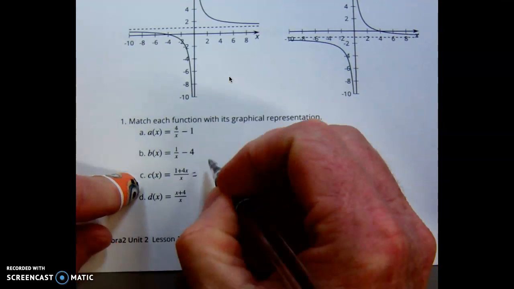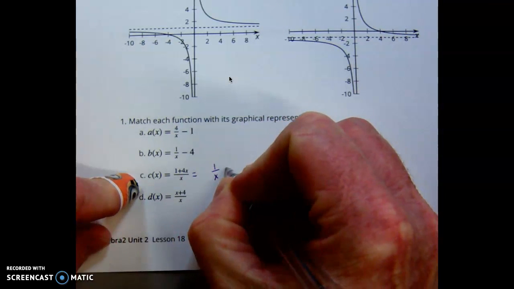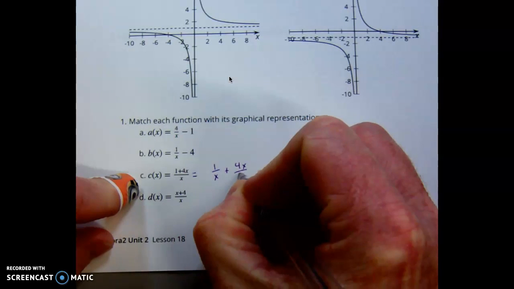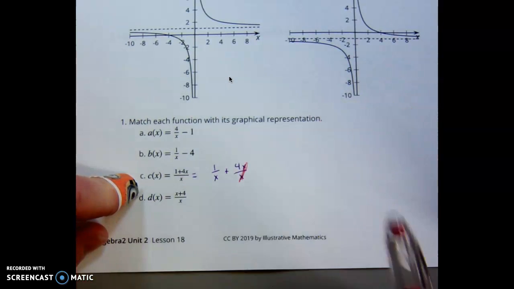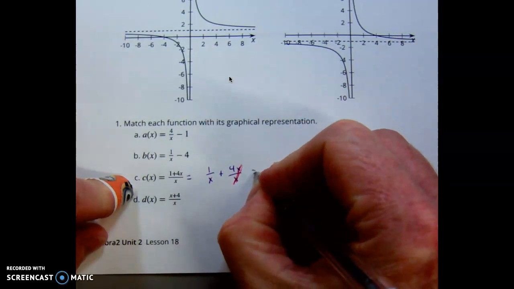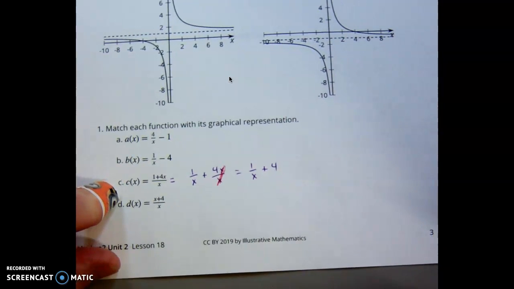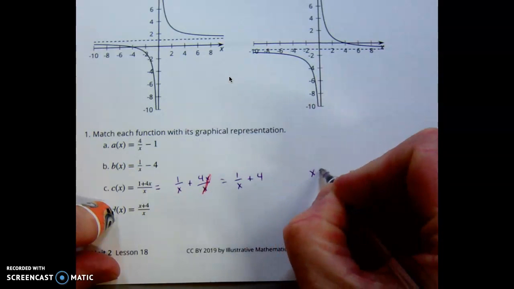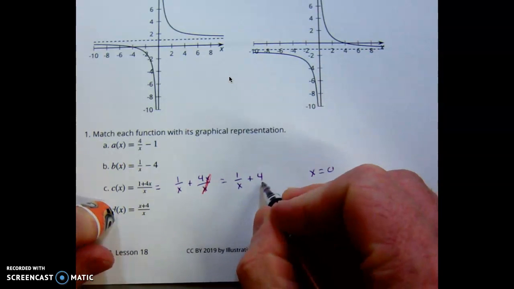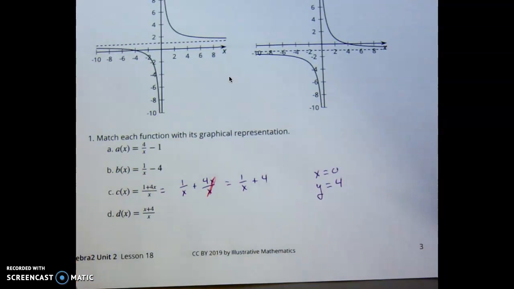Well, I can rewrite that as 1 over x plus 4x over x, and I know those x's cancel. So this becomes 1 over x plus 4. So I know I have two asymptotes. I have a vertical asymptote at x equals 0, and I have a horizontal asymptote at y equals 4. Let's go to Desmos and try that, and let's see how that works.